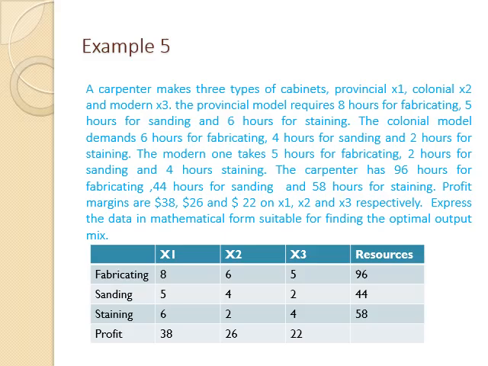Okay. Now we have 3 decision variables, which are X1, X2, and X3. X1 stands for provincial, X2 stands for colonial, and X3 stands for modern.